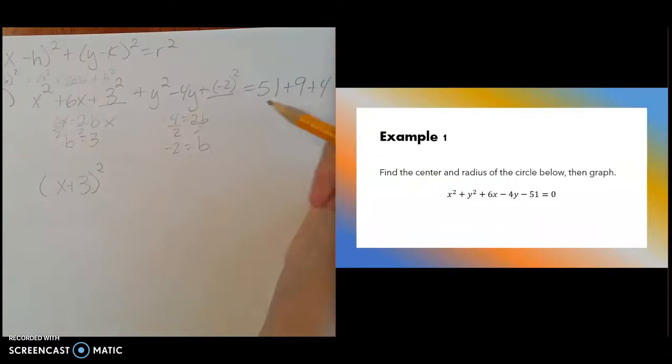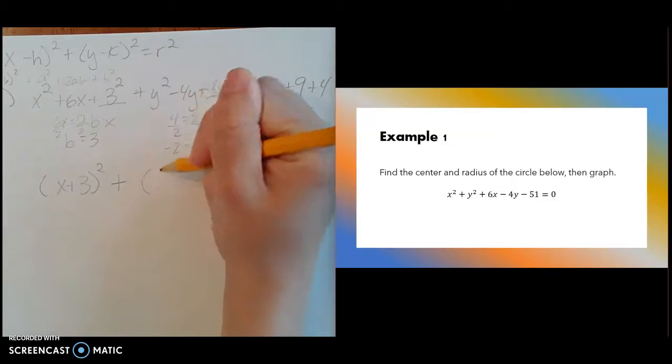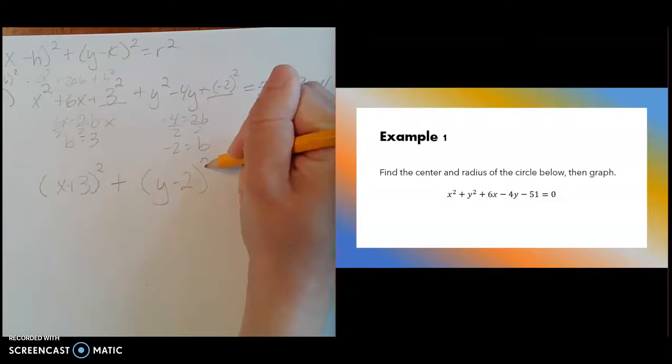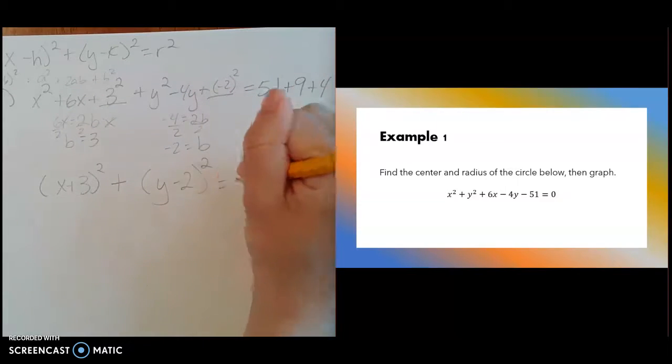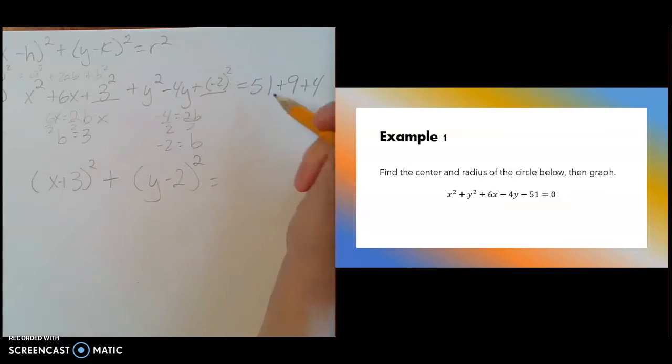Okay? Plus, with my y's, I've got y squared minus 4y plus negative 2 squared. So that'll factor as y minus 2, squared. Okay? On the right side, I'm just going to add everything together because they're all like terms. 51 plus 9 is 60, and 60 plus 4 is 64.